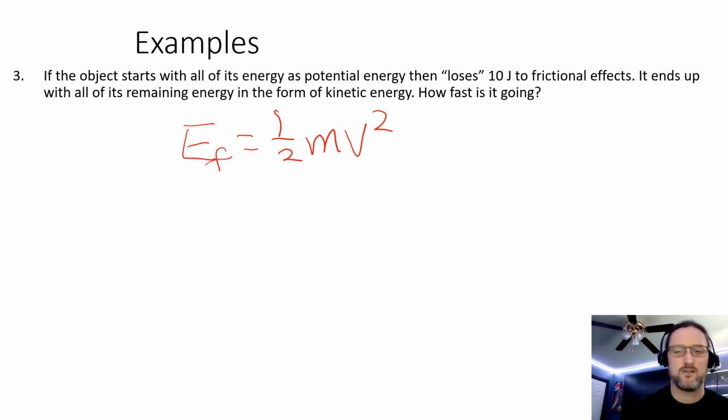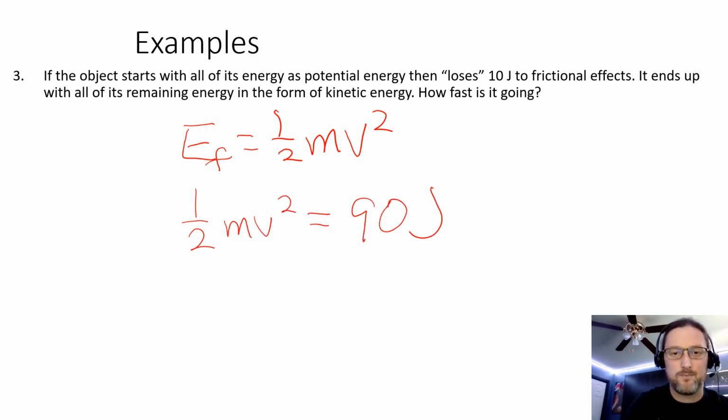And we'll say translational kinetic energy just to make this easy so we don't have to deal with whether it's rolling without slipping and all that stuff. We'll say it's all just translation. It's just a little point particle, right? So I could go back to that last page. I could have 1/2 mv squared, the E final, equal 90 joules, right? Because I had my 100, I lost 10, I ended up with 90.